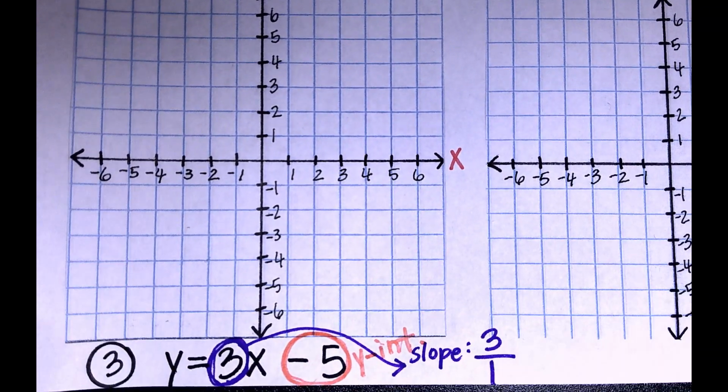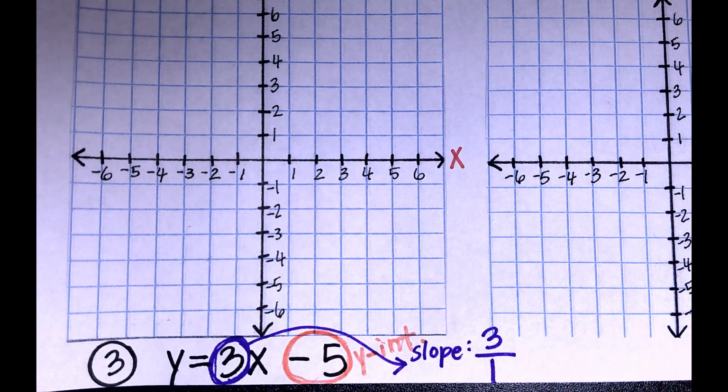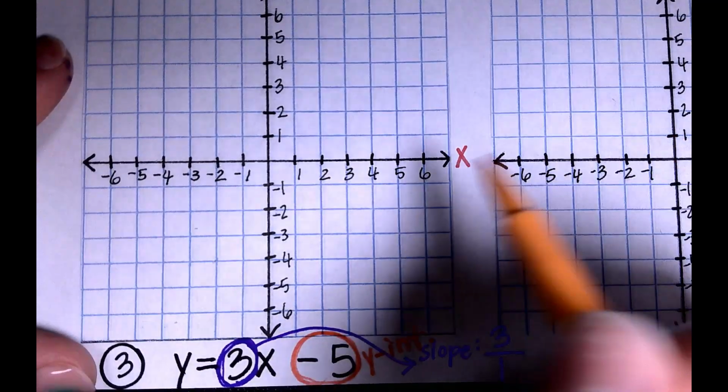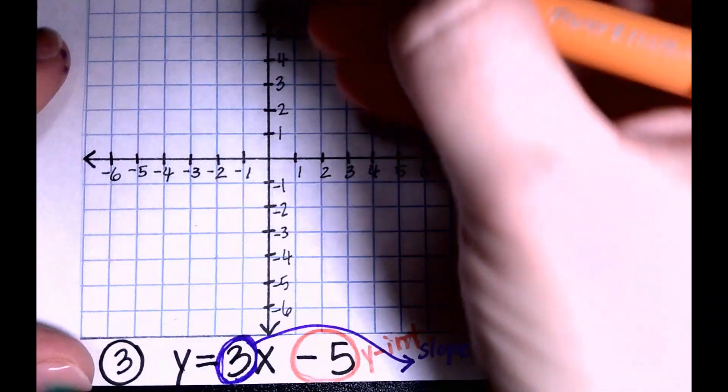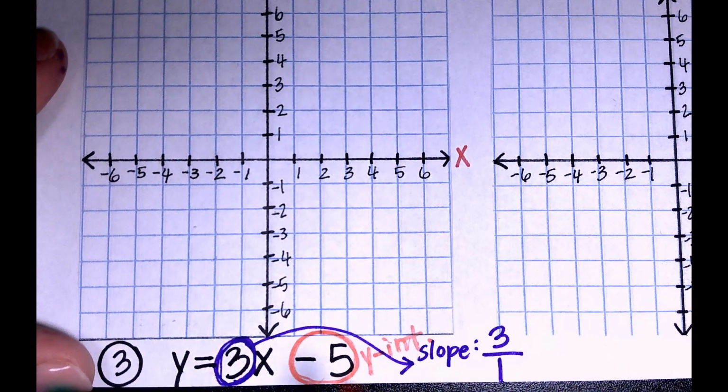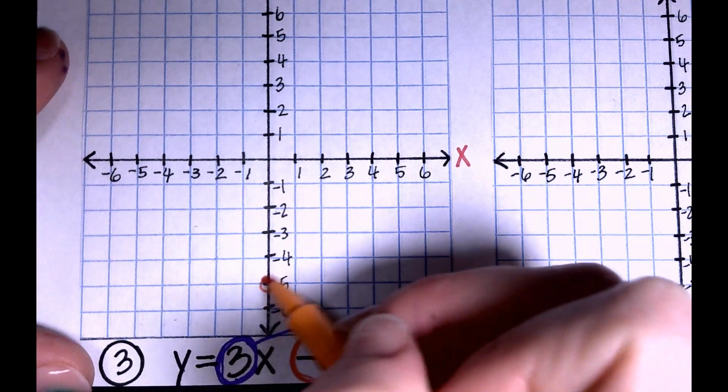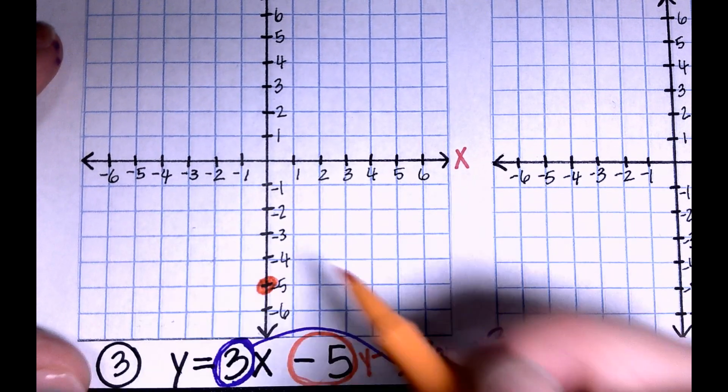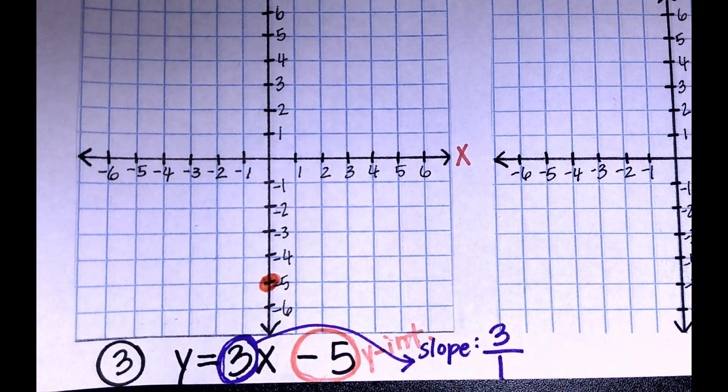So if I want to graph this line, where do I start? -5 on which axis? The y-axis. Good. My y-intercept is -5. So I'm going to start at -5 on the y-axis. Okay. Where do I go from there?